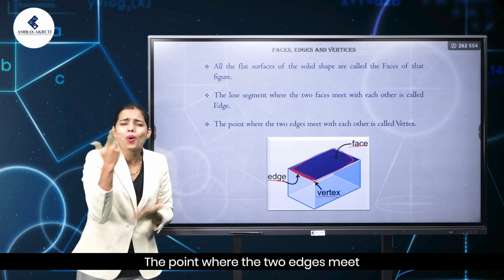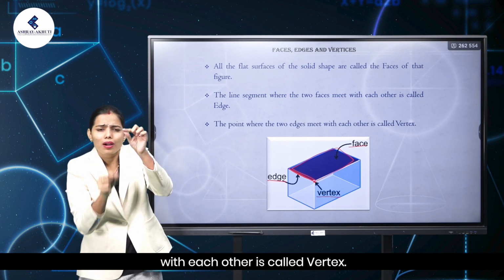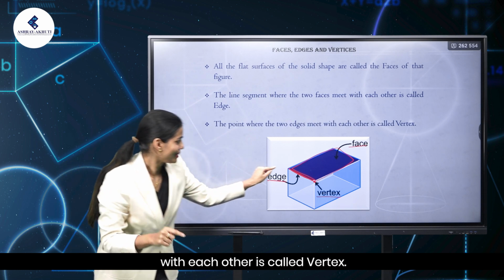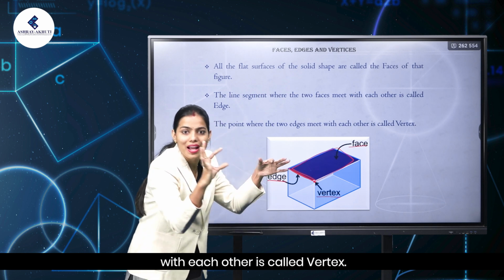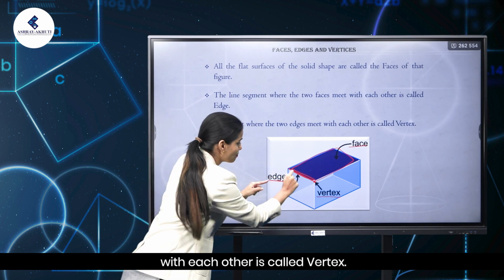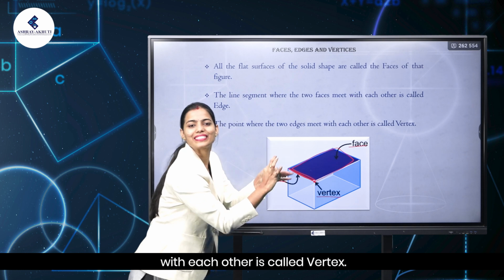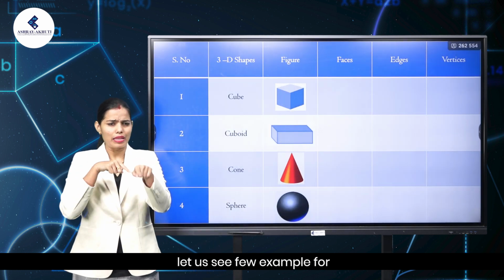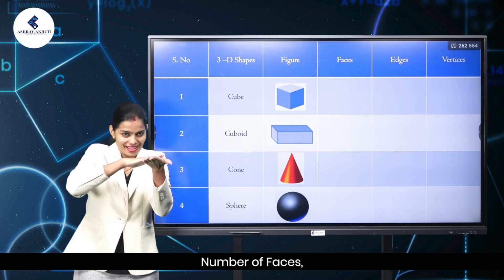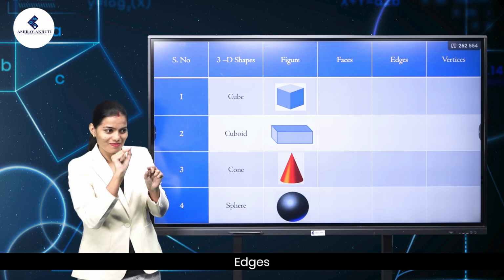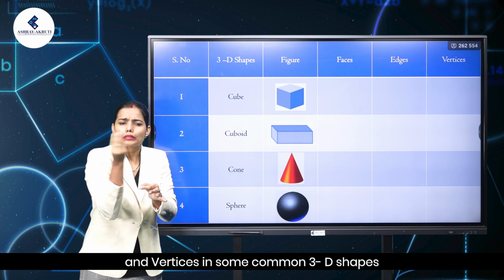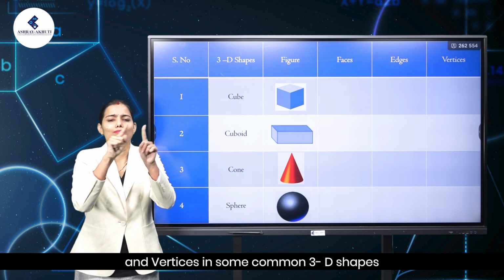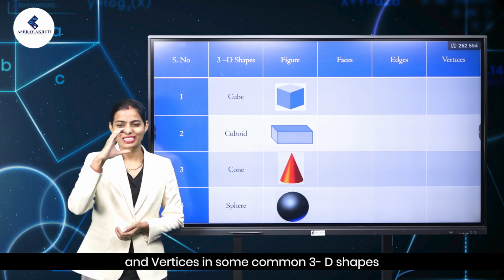The point where two edges meet with each other is called a vertex. Children, let us see a few examples for number of faces, edges and vertices in some common 3D shapes.